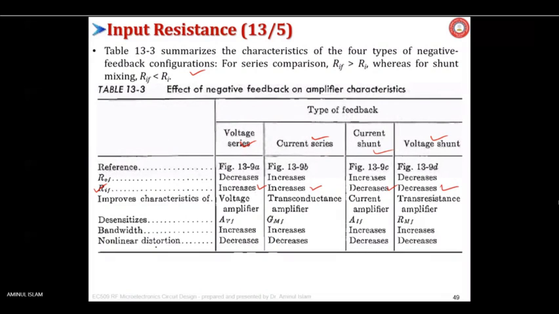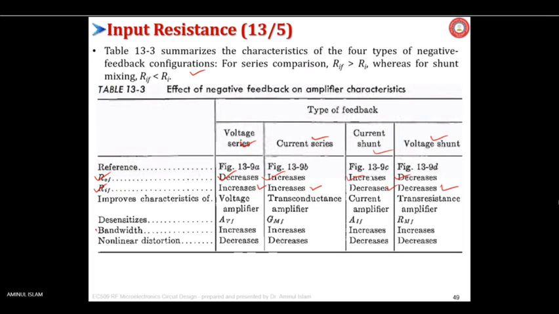Similarly, other parameters are there. What happens to Rof for a particular topology is given here. For voltage series, Rof decreases, Rof increases in case of current series, Rof increases in case of current shunt, and Rof decreases in case of voltage shunt.